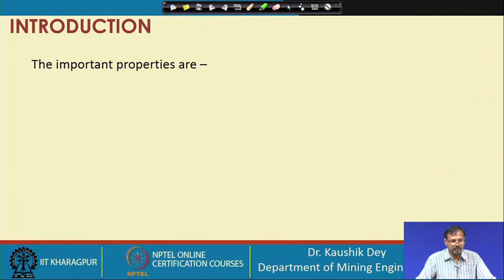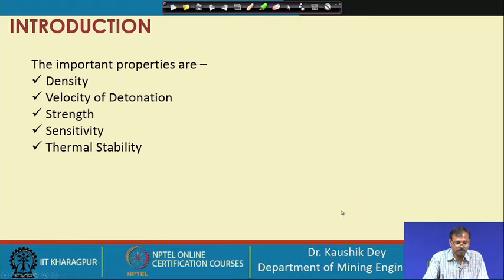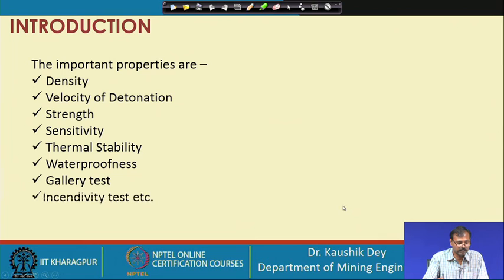So, let us understand what important properties we should know for the explosive and its accessories. The first important property is density, next the velocity of detonation, next the strength of the explosive, then the sensitivity of the explosive, thermal stability of the explosive, waterproofness, gallery test and incendiarity test, etc. Any number of other tests are possible with the explosive and its accessories.